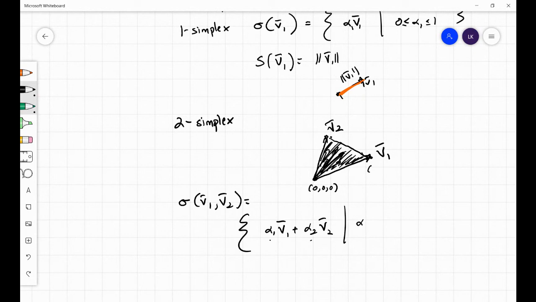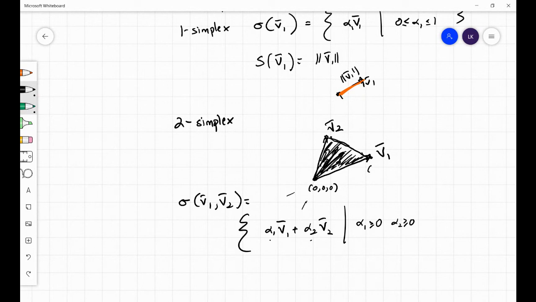So first of all, we're going to insist that the coefficients, or scalars in our combinations, are positive, so we don't want anything in the opposite direction of v1 and v2.